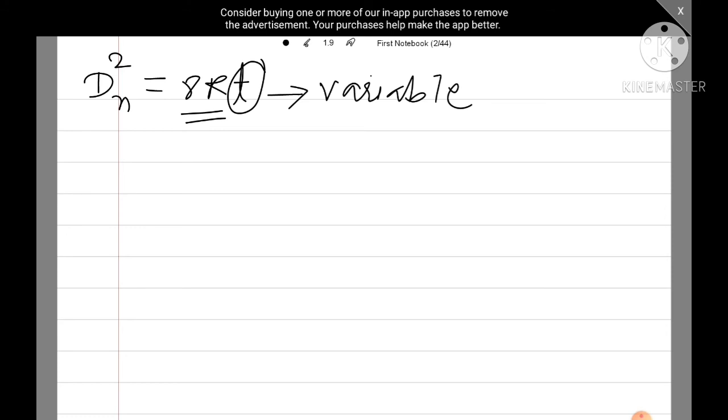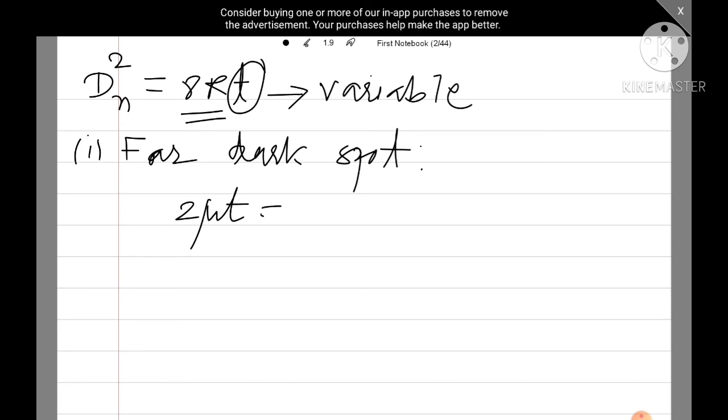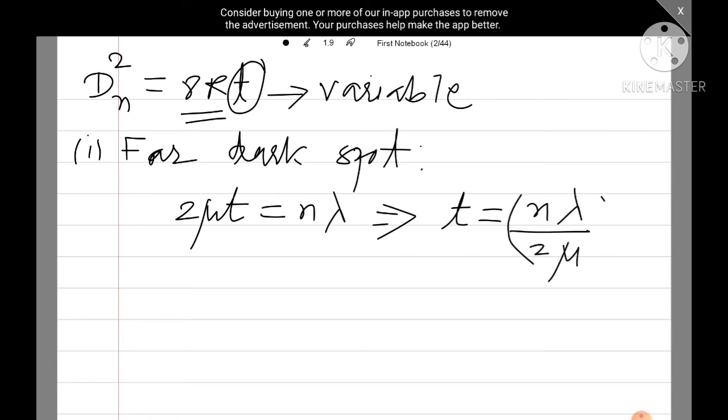We have the condition for dark spot: 2 mu t equals to n lambda. So from here, because we have to find t, t equals to n lambda upon 2 mu.